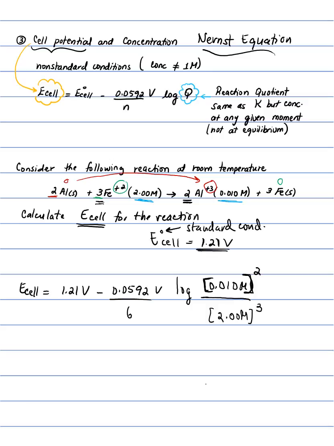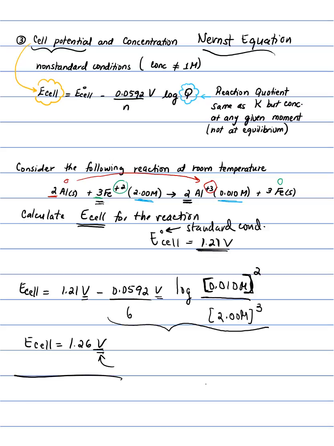Yeah, I have 1.2583. All of this will give you a number with units of volts, and you have volts here. So your final number is in units of volts.